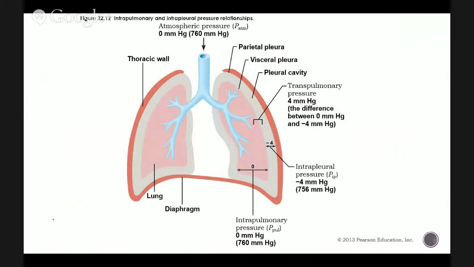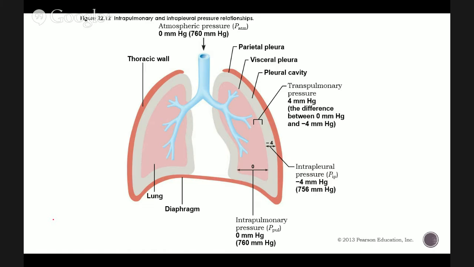What we're going to focus on today is the relationships between the atmospheric pressure and the pressures that we see in our lungs, and how through the mechanics of breathing we're able to bring air into our lungs and get air out of our lungs.